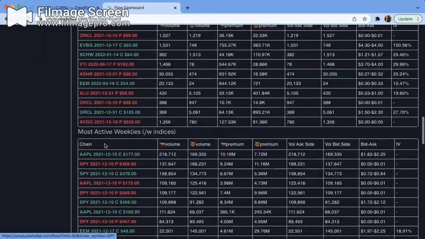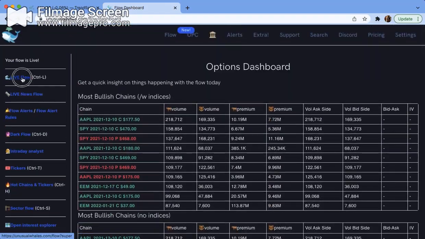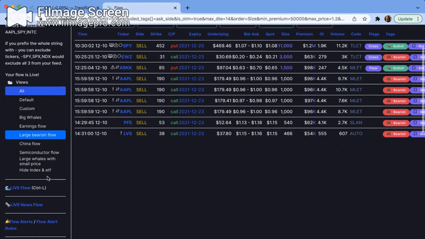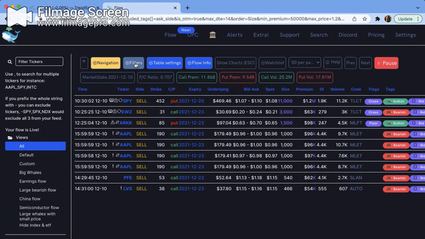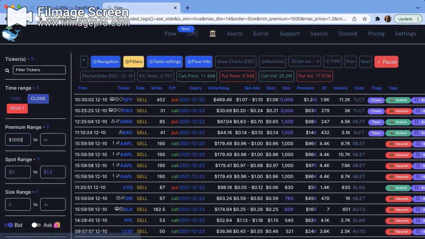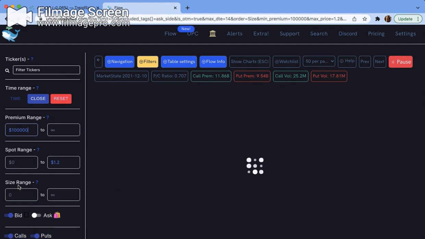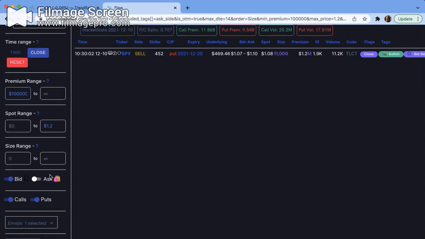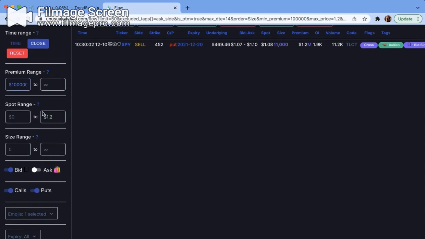But another way that I really have found pretty effective is we go to this live flow. And from the live flow, we're going to go to filters, and then put in this 100,000, 50,000 premium range, and then a spot range 0 to 1.2. You can adjust it as low as you possibly want, to find trades, right?